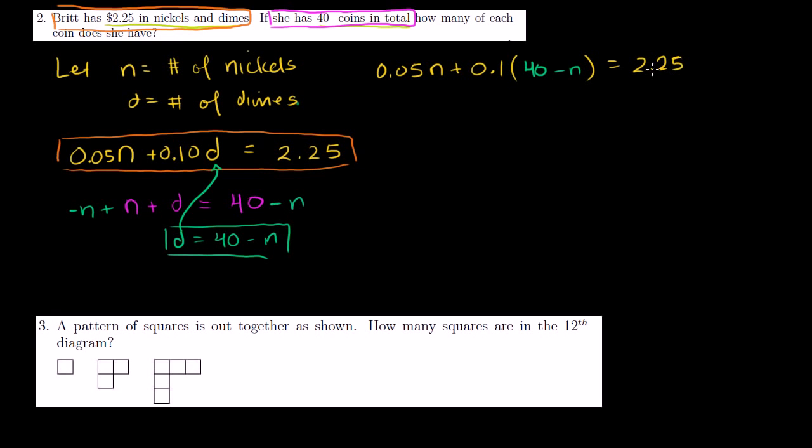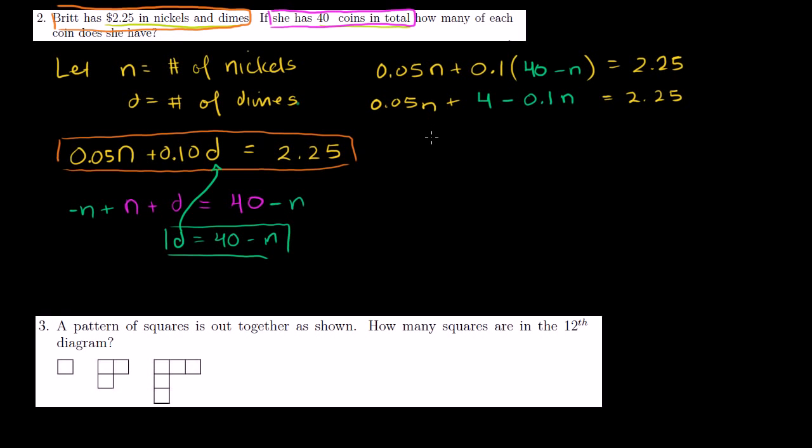And now we can just try to solve for n. So we get 0.05n plus 0.1 times 40, that is 4. Let me show you that I'm distributing it. So 0.1 times 40 is 4, minus 0.1n. I just distribute this times each of these terms, is equal to $2.25.